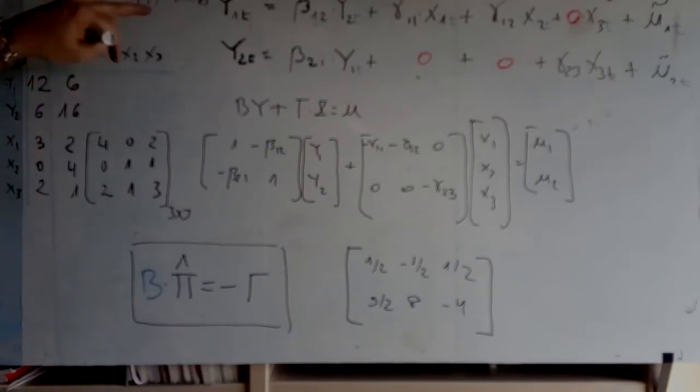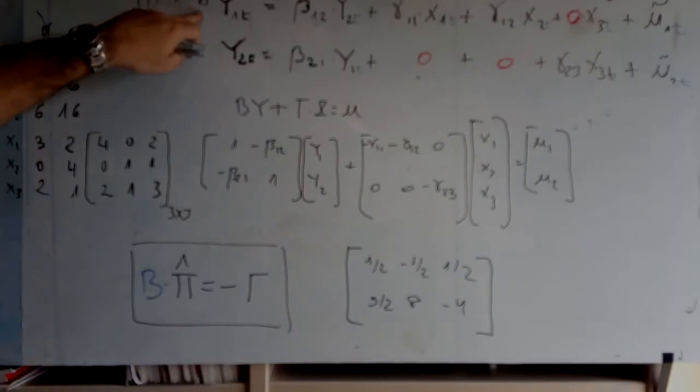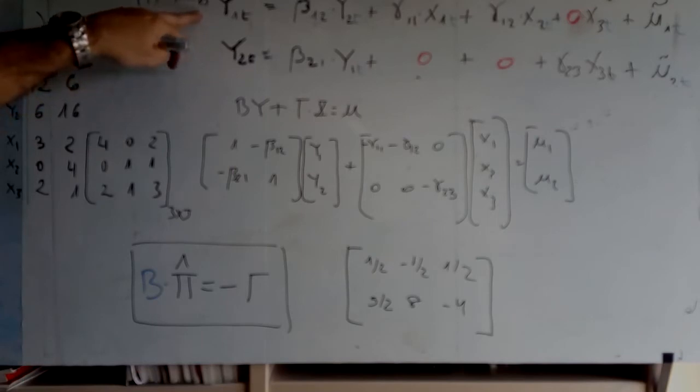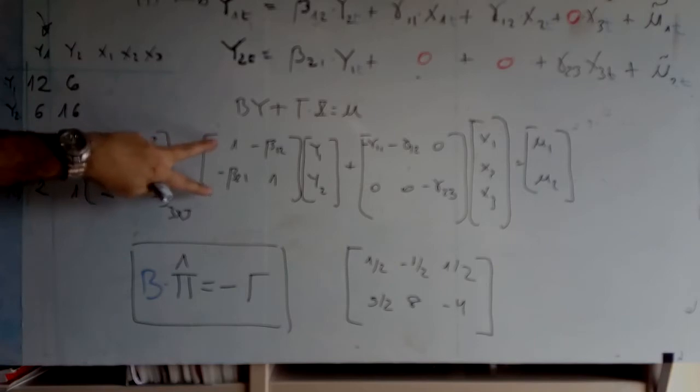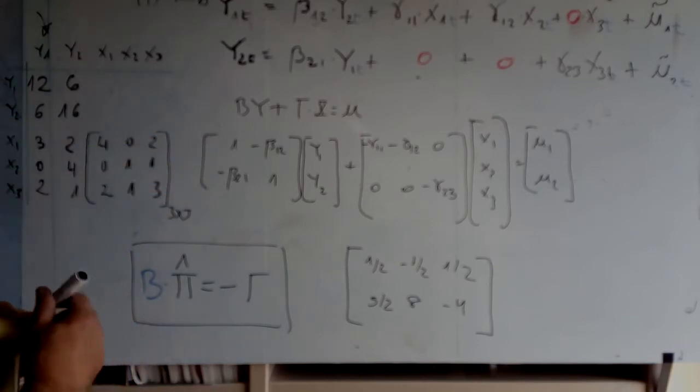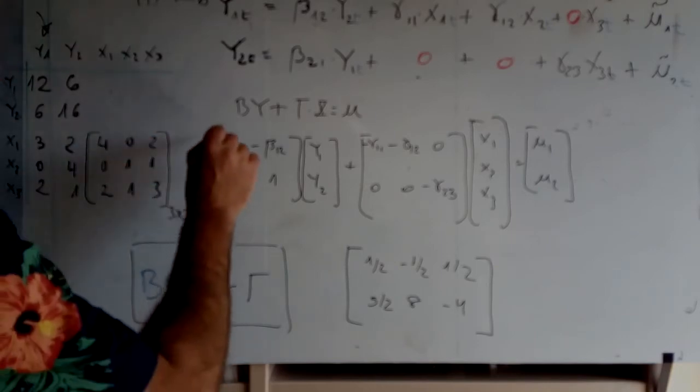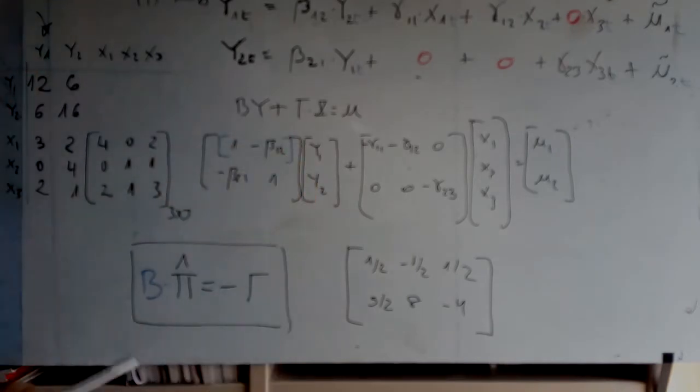So as only the first equation can be estimated, instead of having the whole capital B matrix, we just use the first row, because only the first row can be estimated.